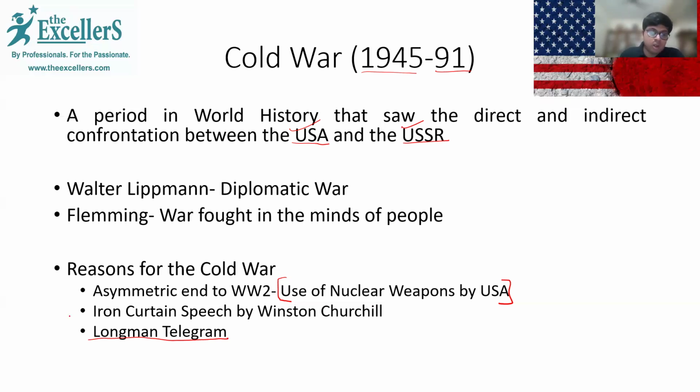Then there was another important event, a speech by Winston Churchill, the British Prime Minister, known as the Iron Curtain speech. He said that there will be an Iron Curtain moving through Europe that will divide the Soviet sphere of influence from the Western sphere of influence, that is the US and Western influence, an iron curtain that you can't pass through, creating some divide.